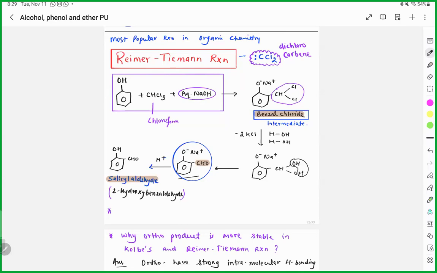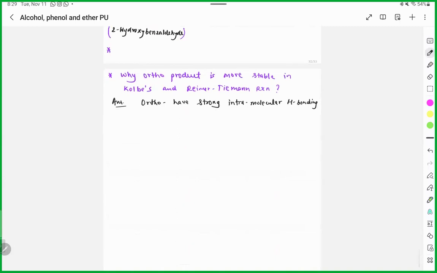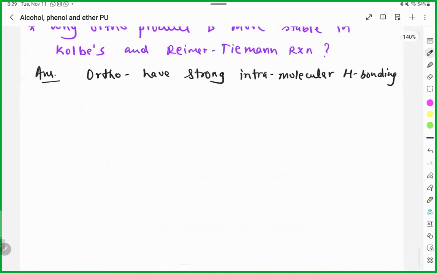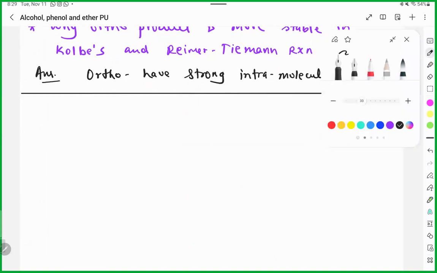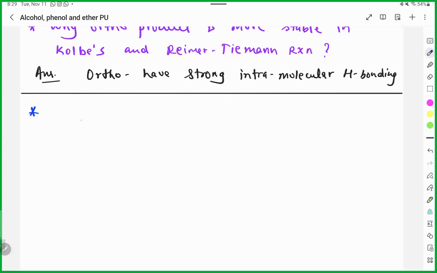So these are the two very popular reactions. That's why we took time. The other part is easy, but they are used in the conversion sometimes with the zinc. Example, if you take phenol, we are already done with this reaction.